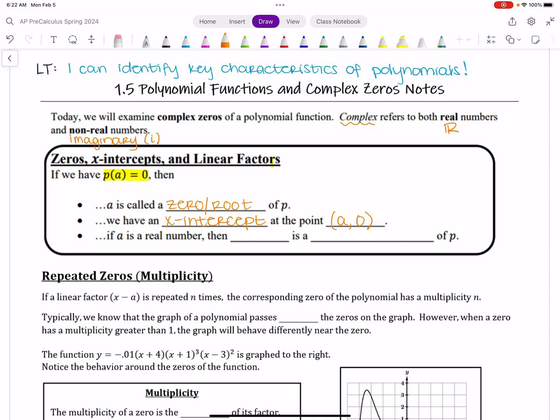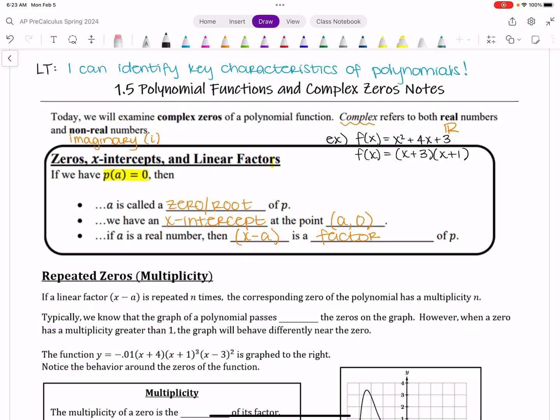And as long as a is a real number, then x minus a is a factor of our polynomial. So as an example, if we have f of x equals x squared plus 4x plus 3, we can factor f of x into x plus 3 and x plus 1.